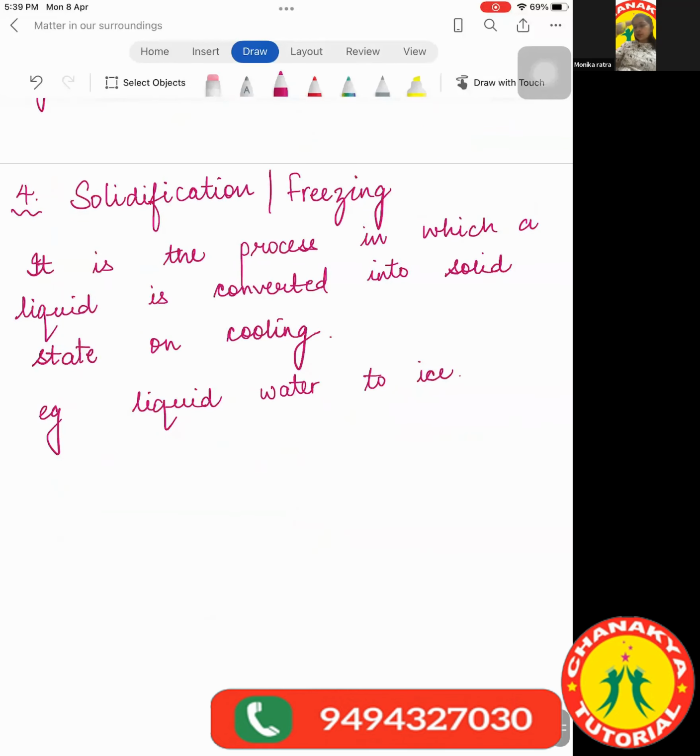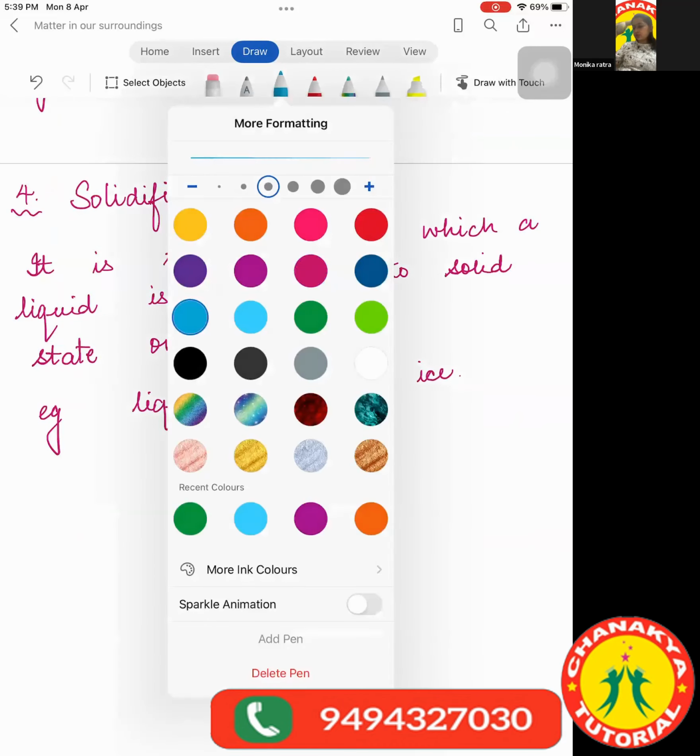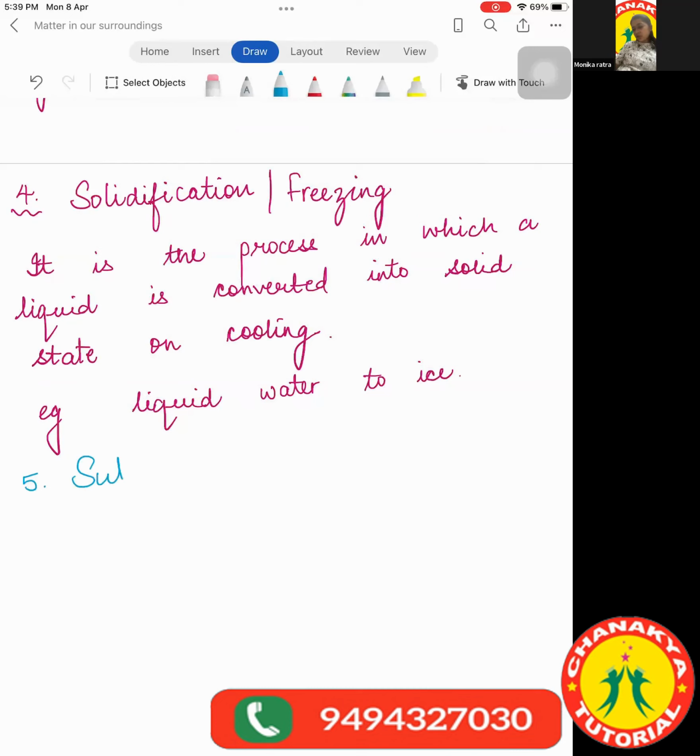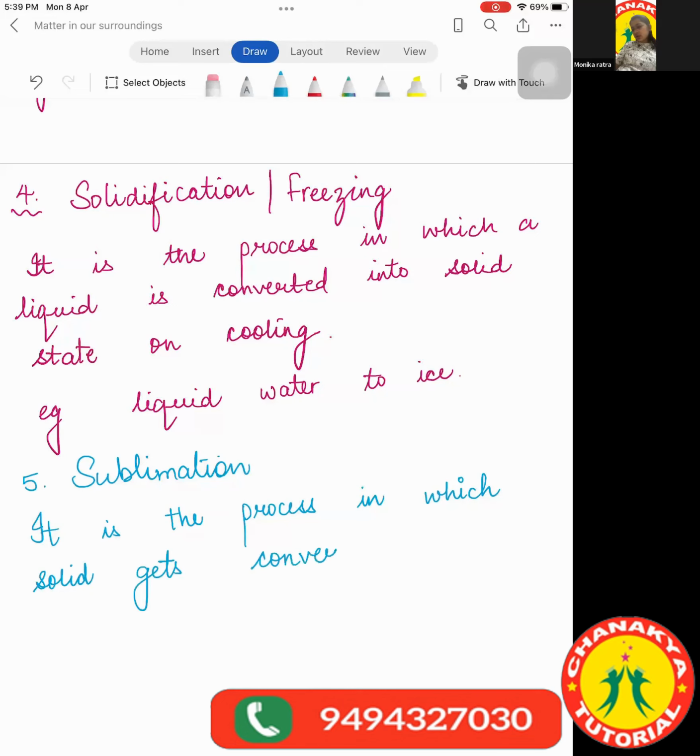Then let us come to the fifth definition, which is sublimation. So this is the process in which solid gets converted into gaseous state on heating.